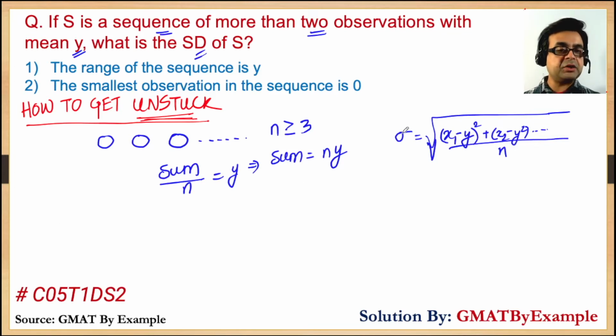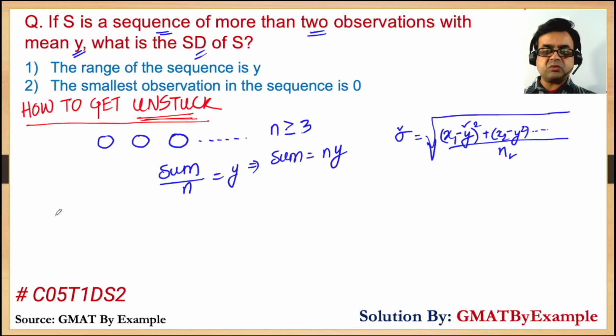So to find a unique value of standard deviation, we need to have the value n. We need to have the mean. We also need to have different values of the observations, x1, x2, and so on, so that we can find the difference between them and the mean and square them up. So is there a way to find that? That's basically what the question is talking about.